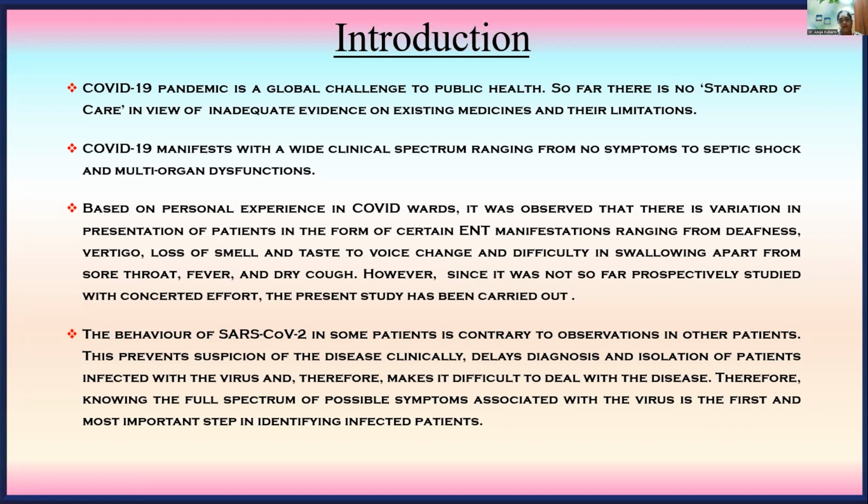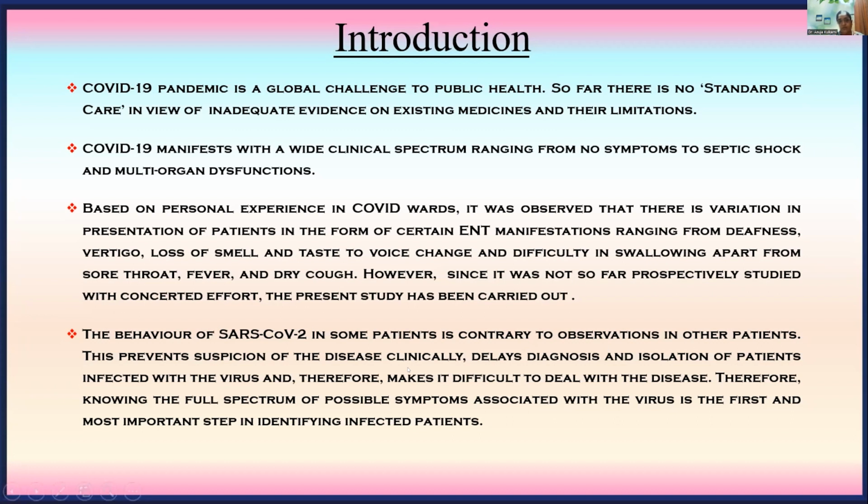Besides, as we all are aware, it is imperative to detect the disease at its early stage when it is still curable, especially in COVID patients, as clinical suspicion of disease helps us to identify the affected individuals and helps in isolation and treatment of these patients.